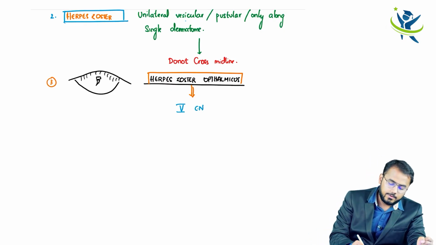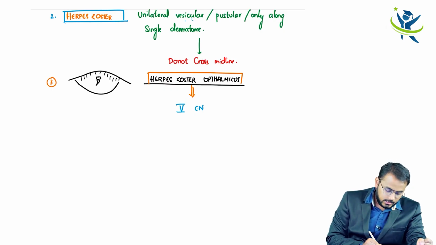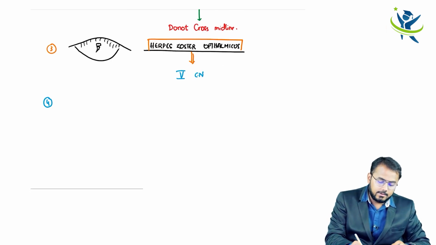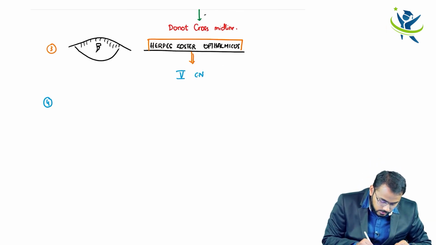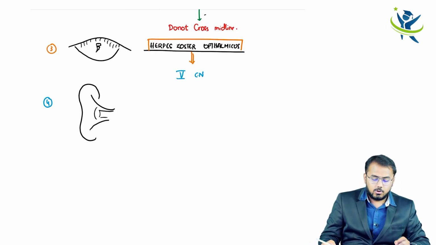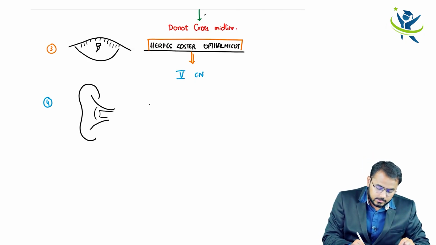In the same way, in some individuals, you will also see the rash affecting the ear of the patient. This is called herpes zoster oticus.